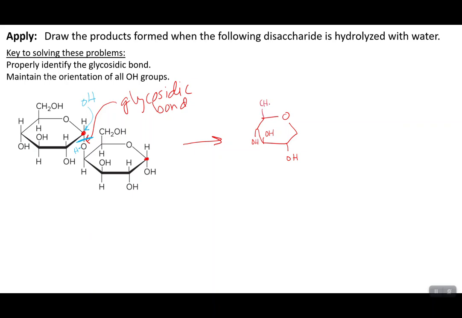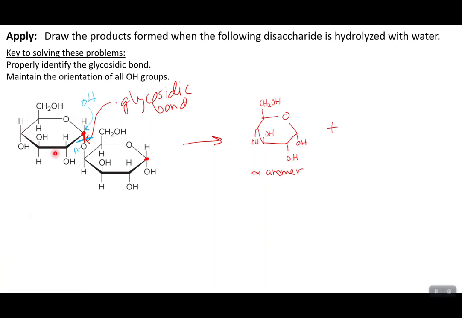They are implied if they're not drawn in. So I'm going to have an OH group pointed down here on this anomeric carbon because the glycosidic bond initially was pointing down. So I need to maintain that orientation. That means that this is going to be an alpha anomer. That's the first monosaccharide here.